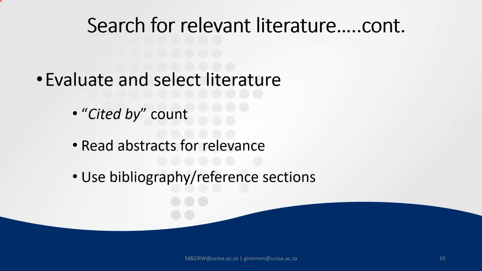All right, so still on the search for relevant literature, how do you evaluate or check this literature? Because you are now doing the search. If you are doing research on test diets, for instance, moringa in the diet of indigenous chickens, that would be my topic.